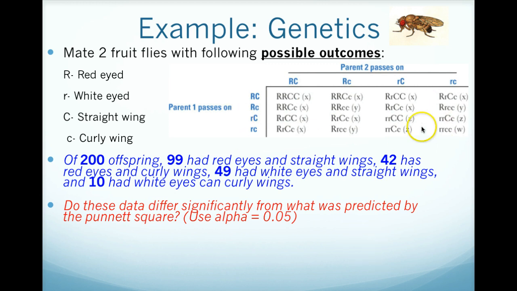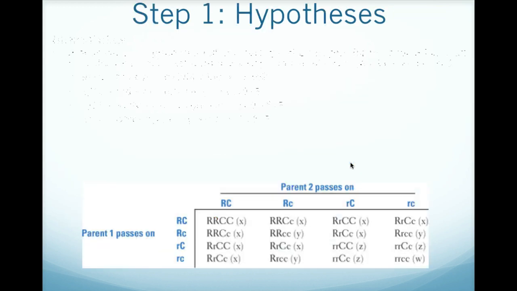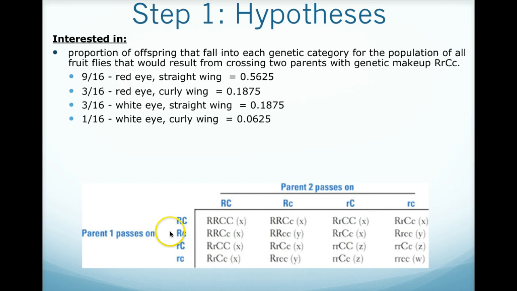Now this is all my possible outcomes. So I need to figure out of these 200, how many should I have seen, or would I have expected to see, with red eyes and straight wings? Notice on our Punnett square, for example, if we look right here, I have a dominant gene for red eyes and a dominant gene for curly wings.